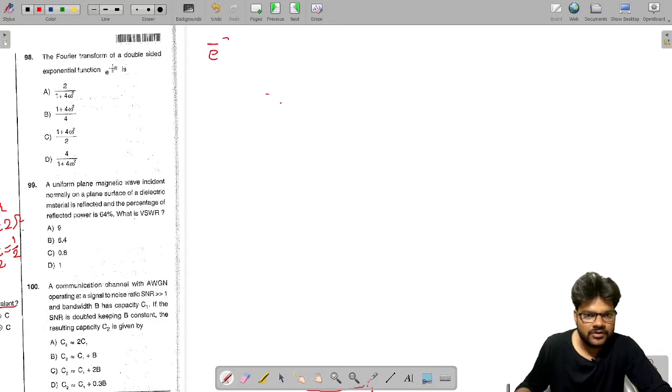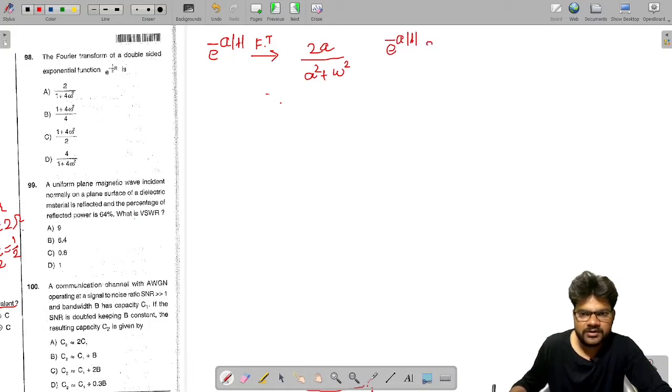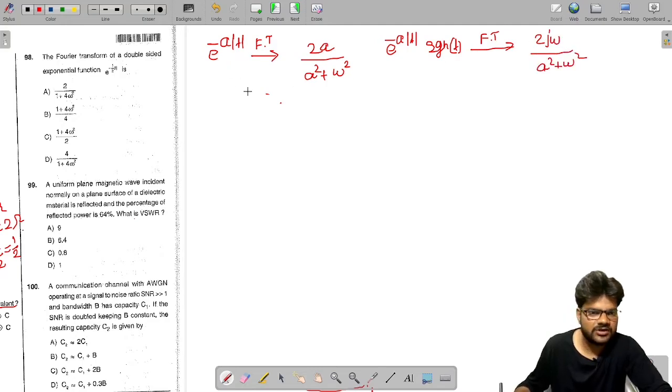We know for e to the power minus a mod t, its Fourier transform is 2a upon a square plus omega square, and for e to the power minus a mod t, if there is term signum t, then its Fourier transform we know it is 2j omega by a square plus omega square. If you know these two expressions, then you can easily crack this question.